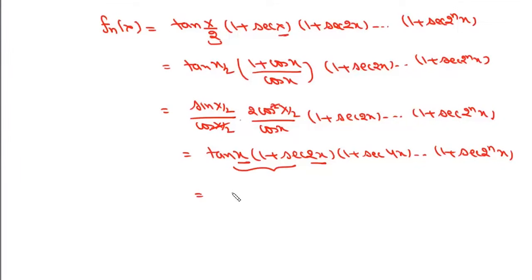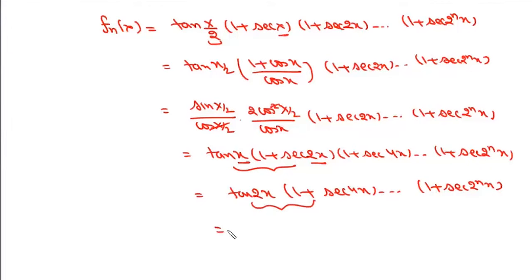It is going to be tan 2x and then 1 plus secant 4x up to 1 plus secant 2 to the power n x. Again situation is same, so it will be tan 2 square x, and it will continue till the end, where it is going to be tan 2^n x. So this f_n(x) is tan 2 to the power n into x.